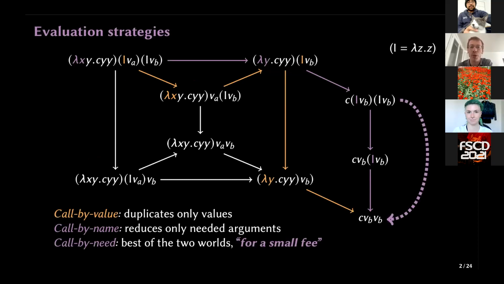All these possible ways of computing correspond to what we call evaluation strategies, that are ways of choosing which redexes should be reduced and in which order.